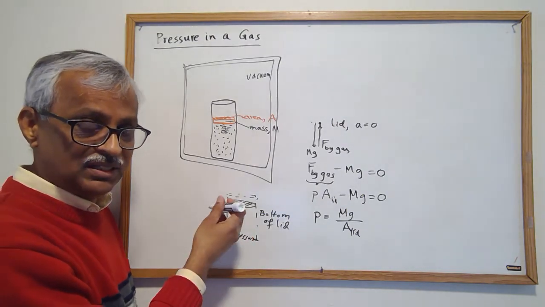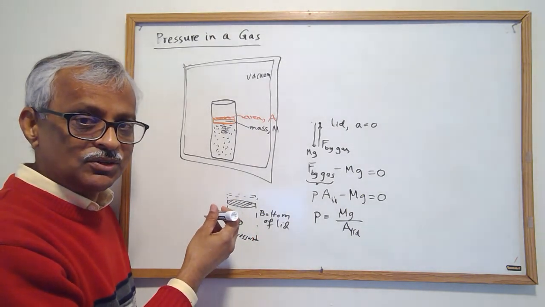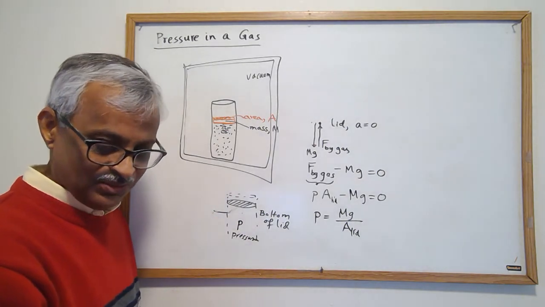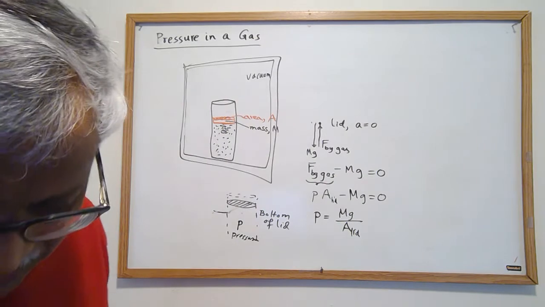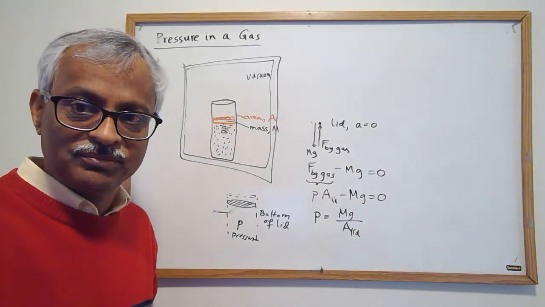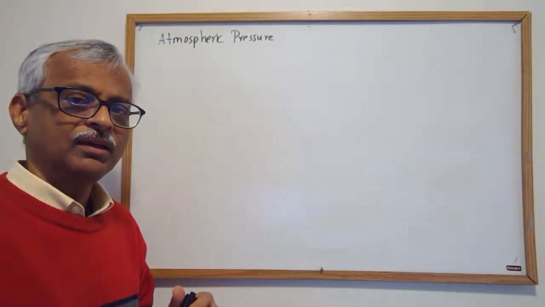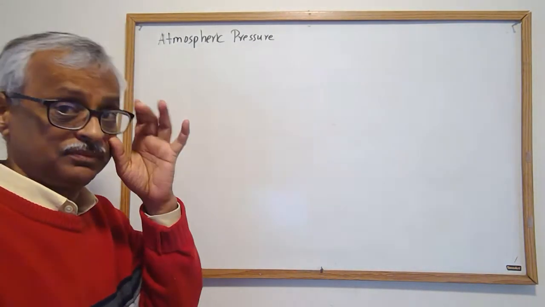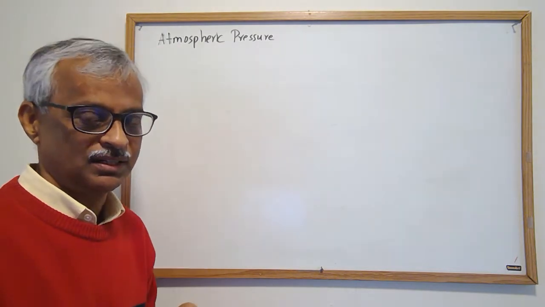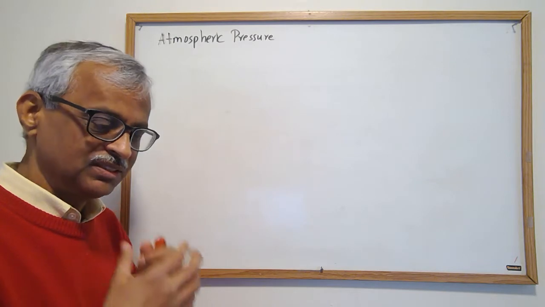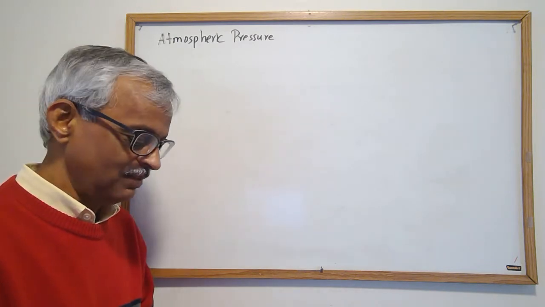We can actually apply this idea to understand what atmospheric pressure is, because atmosphere will be a gas. So let's apply that to understand atmospheric pressure. All right. Okay, we want to look at how to think about atmospheric pressure. Of course, atmosphere is a gas, so this is the pressure in that gas, right?